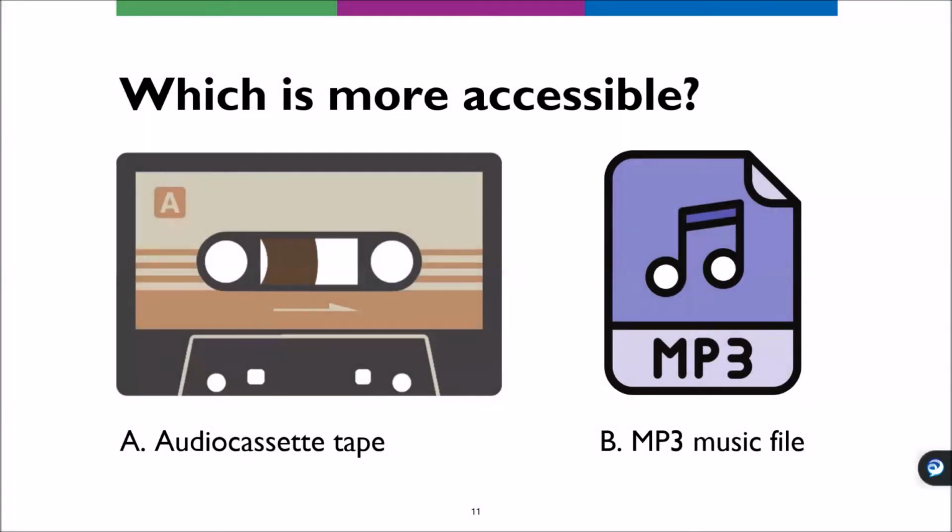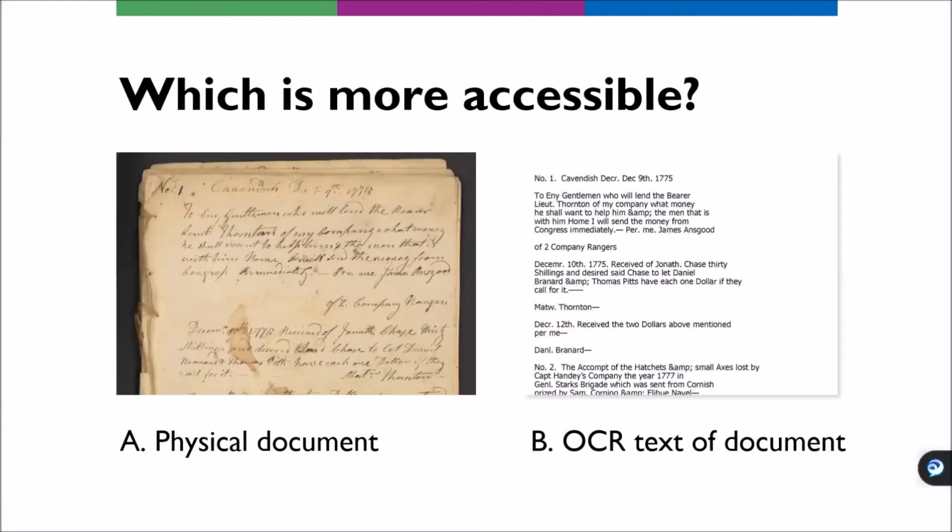All right, I'm going to ask for a little interactivity right now. Why don't you go ahead and drop it in the chat which one you think is more accessible to most people? A, an audio cassette tape, or B, an MP3 music file? B, lots of B's, one A, lots of B's, okay. Couple A's, couple people still have some tape decks in there, okay. All right, let's move on to this example.